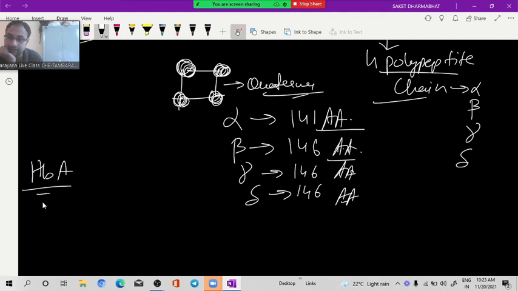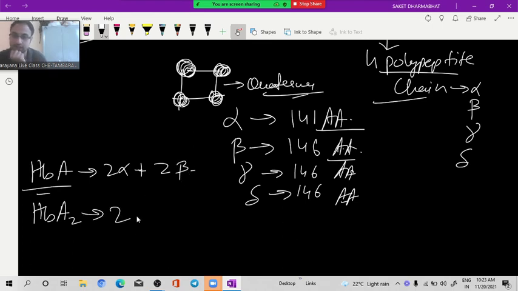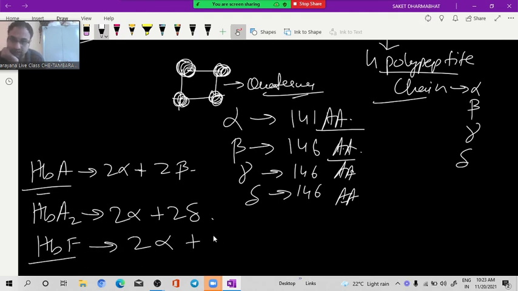Hemoglobin A and hemoglobin A2 are adult hemoglobin. Hemoglobin A contains 2 alpha chains plus 2 beta chains. Hemoglobin A2 contains 2 alpha chains and 2 delta chains. And fetal hemoglobin contains 2 alpha chains and 2 gamma chains.